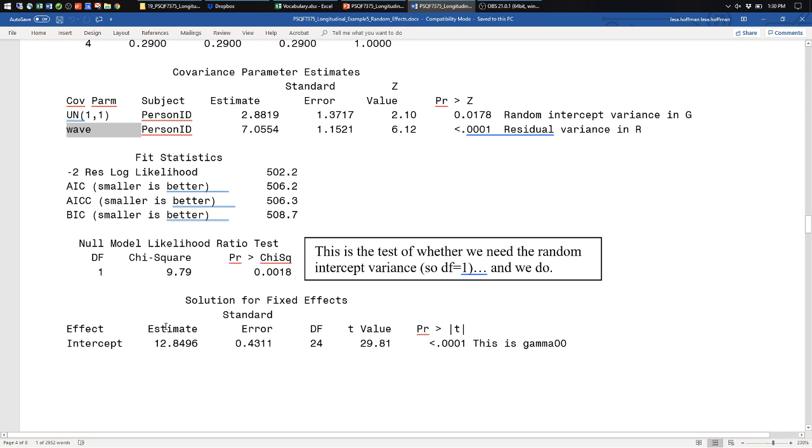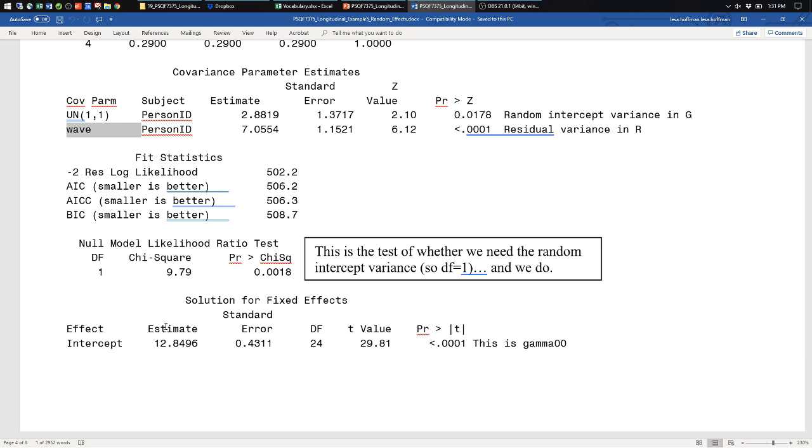Last but not least, gamma 0,0, my fixed intercept, is 12. So if I were writing a method section, or a result section, which every chapter in my book has at the back of it for all of the examples, this would be 1 line.